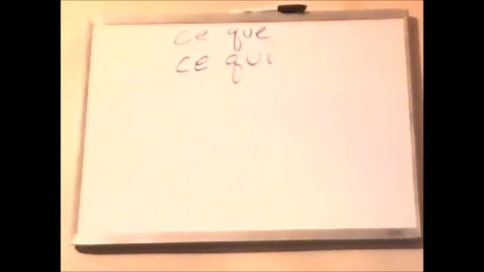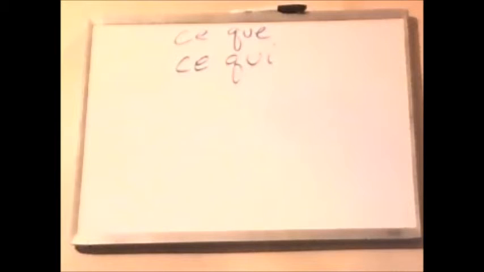Numéro 3. Dites-moi, vous avez envie. Avoir envie is a verbal expression that takes de. To have need of, or really better would be to want. To have need of is more avoir besoin. Avoir envie de is to be envious of, to want. So because it's a verbal expression with de, we have to use which relative pronoun?